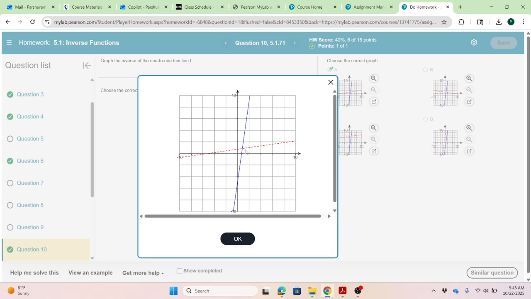This is the right solution because it looks symmetric when you draw the y equals x line, and at 2 the value is almost 9, and at 9 the value is almost 2. Yes, so this is the right one.